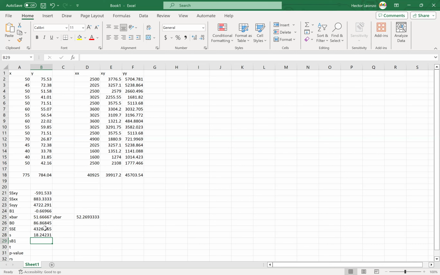My SB1 equals s divided by square root, so sqrt, open parentheses, of SS, the sum of the squares of xx.